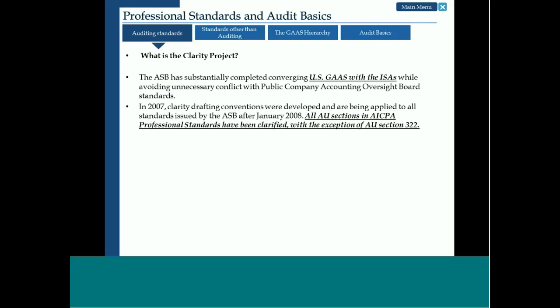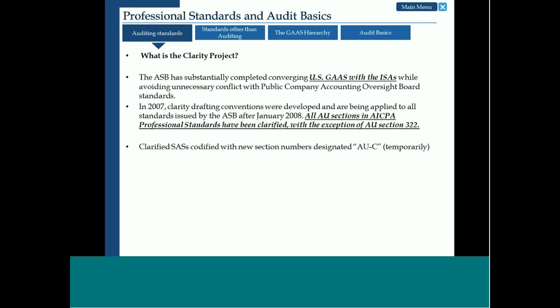For your examination, they have clarified all the previous assurance standards, and now they are referred to as AU sections. What are these? You will find AUC, meaning auditing clarified standard.